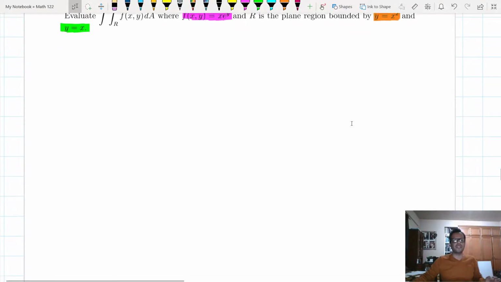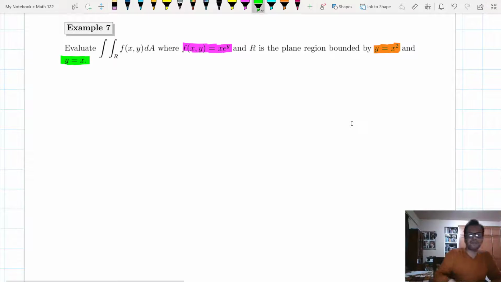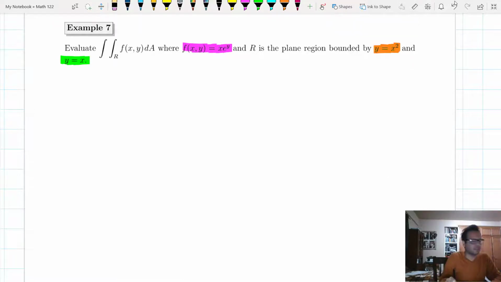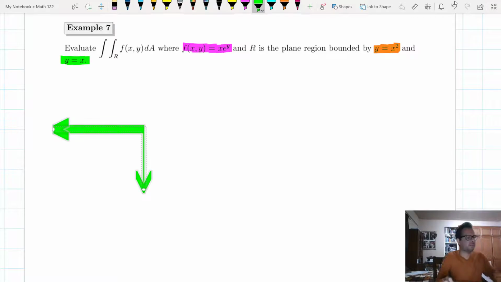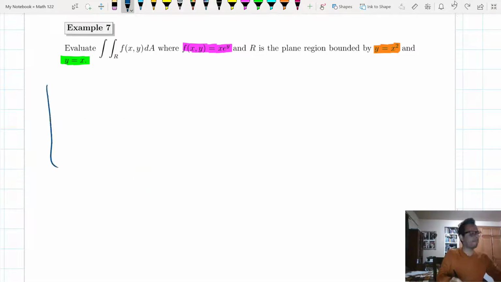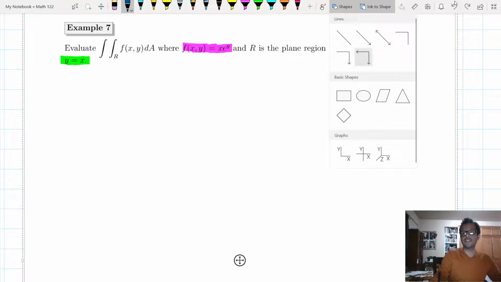You'll see. Okay, first of all, let's plot this. Okay, let me plot this same way I did. Oops. I'm going to use shape.